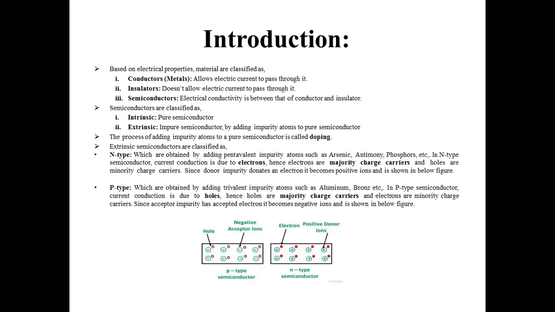An intrinsic semiconductor is a pure semiconductor. An extrinsic semiconductor has impurities added to it. That is called doping. Extrinsic semiconductors are of two types: N type and P type.